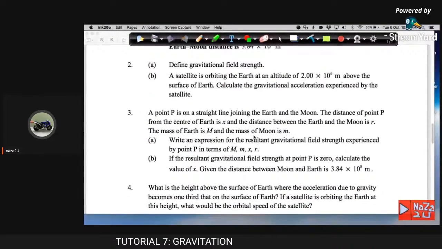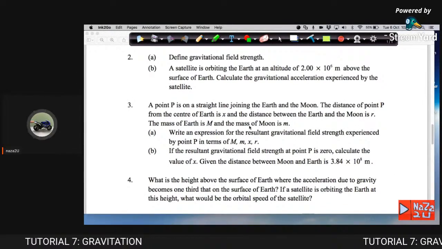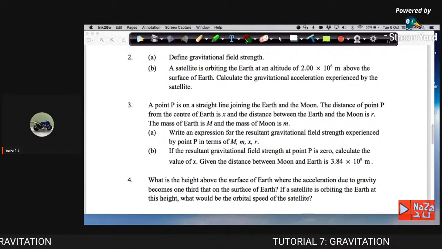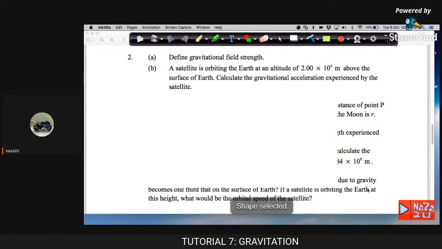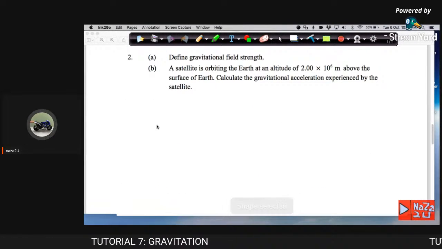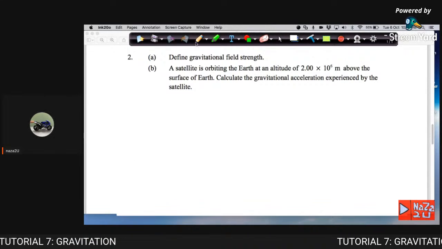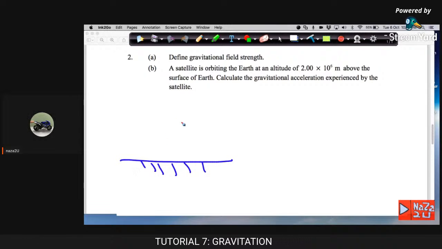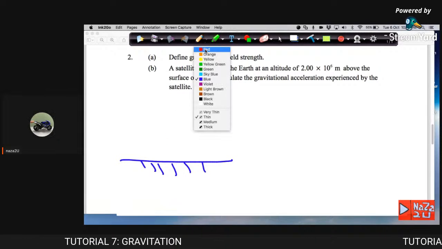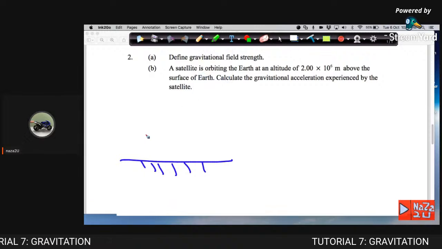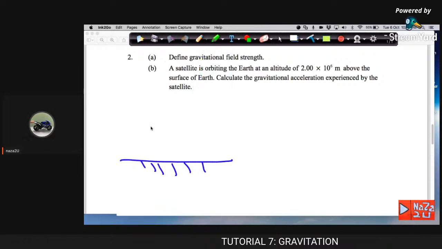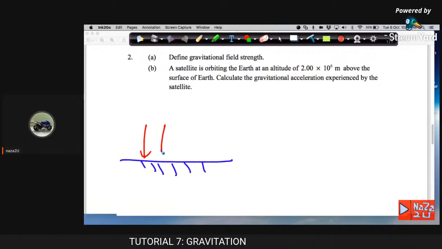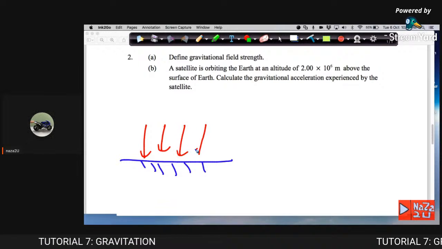Question number 2 is number 2a. Define gravitational field strength. So kita tahu di permukaan, let's say, ini katalah permukaan bumi, kita ada gravitational field, kalau kita lukis kat sini ada medan dia, the area.